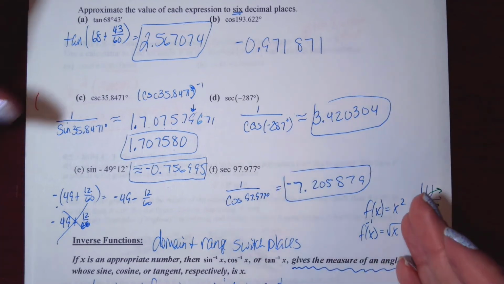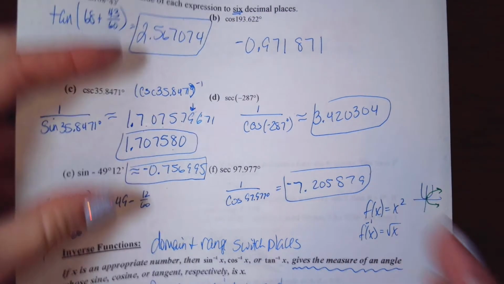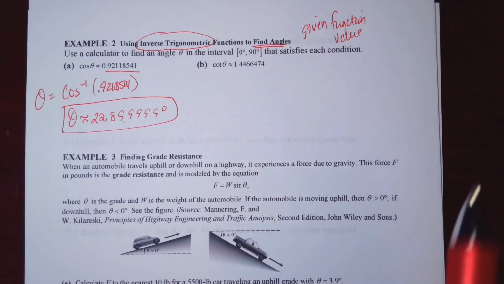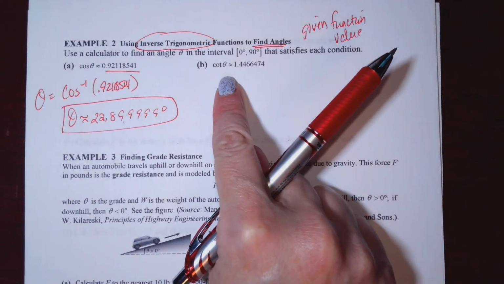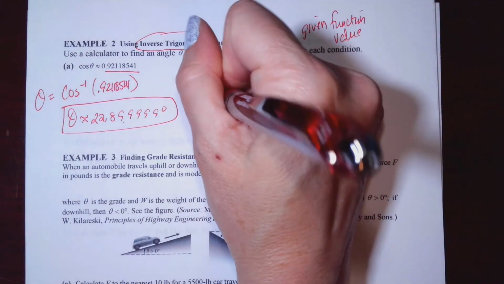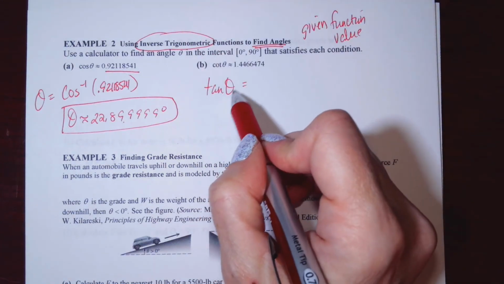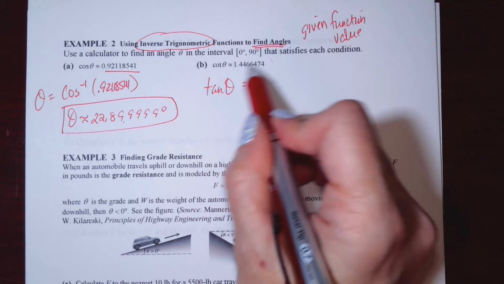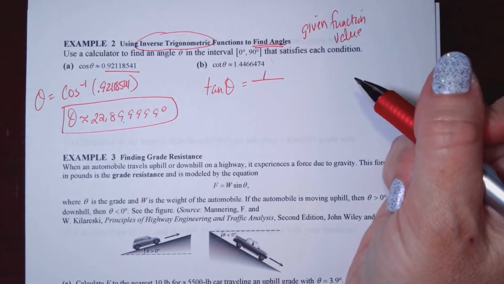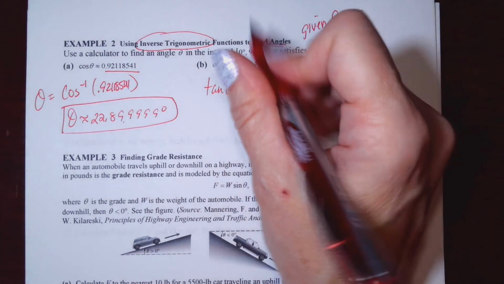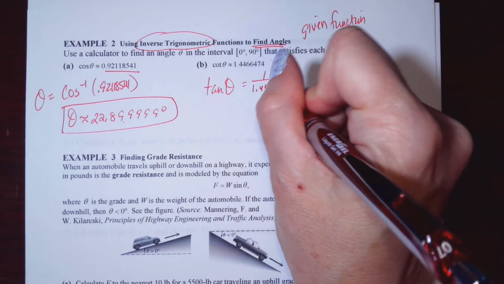Now we're working backwards the other way. I have the function value, so my reciprocal for cotangent is tangent, but whatever theta is, tangent of theta is going to be the reciprocal of this value. So instead of doing the reciprocal of the whole thing, I do 1 over that function value.